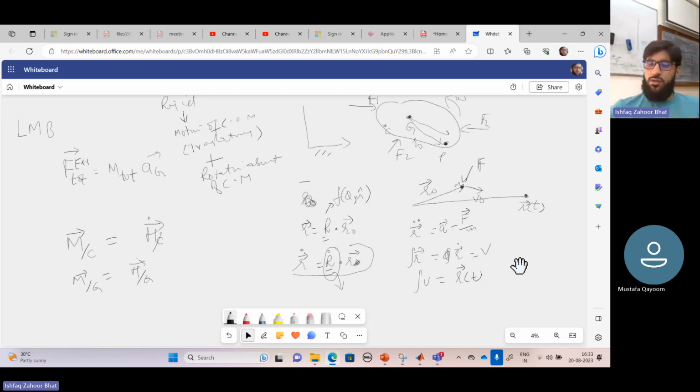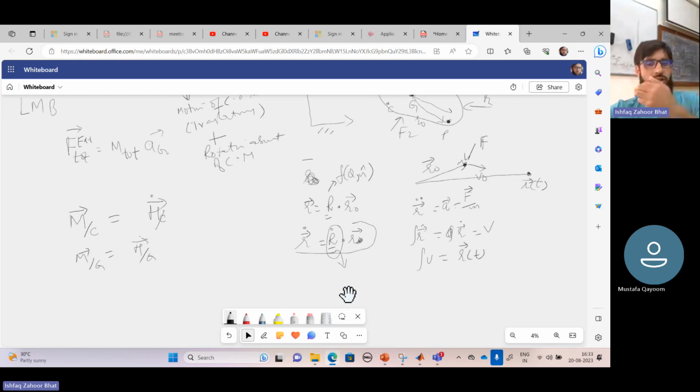In a similar fashion, you will be calculating omega dot. You will integrate that, and you will get R and R dot. I will show you that this R dot is, or I think I have shown it; if I have not shown it, I will show it. This R dot is omega cross R. So we will try to find this omega.